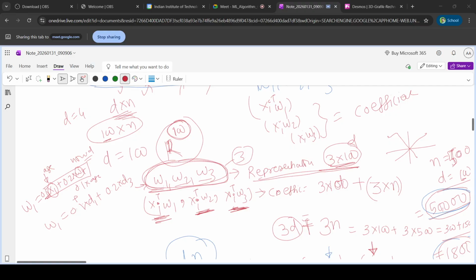Correct, correct. Yeah, can you see the screen now here? Oh, okay.